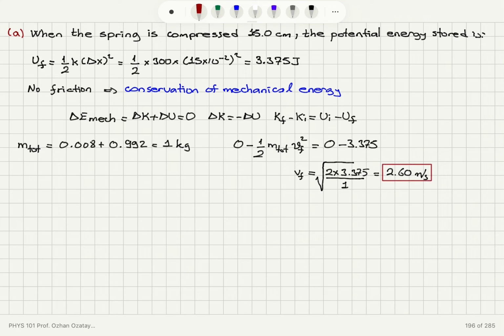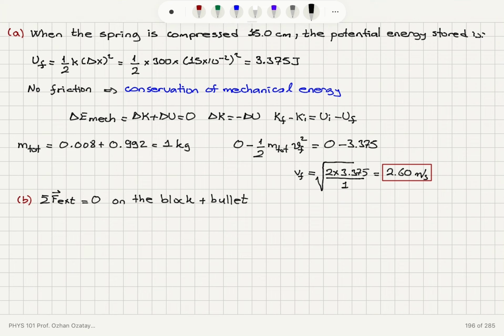Okay, so now we're going back to the collision process. So this is all happening after the collision. Now during the collision process, net external force acting on the system is 0 on the system of the block plus the bullet.